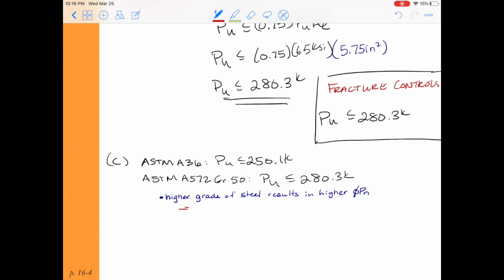So let's take a look at the relative increase of capacity from A36 to grade 50 steel. In the case where fracture controls, we don't see the whole benefit of moving up in the grade of steel.